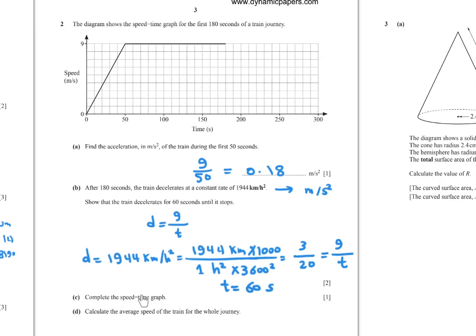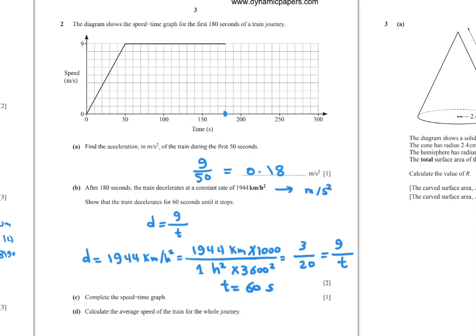C. Complete the speed time graph. Now we know that the speed will be 0 after 60 seconds. So from this time, which is 180 seconds, add 60 to get to 240. Each small square represents 10, because 10, 20, 30, 40, 50.